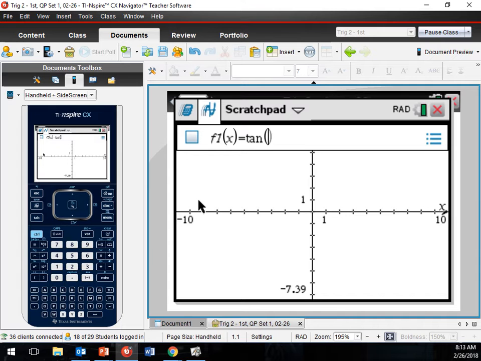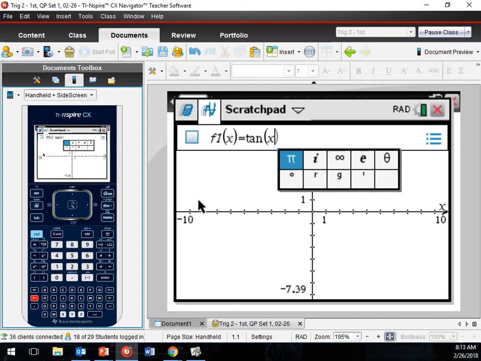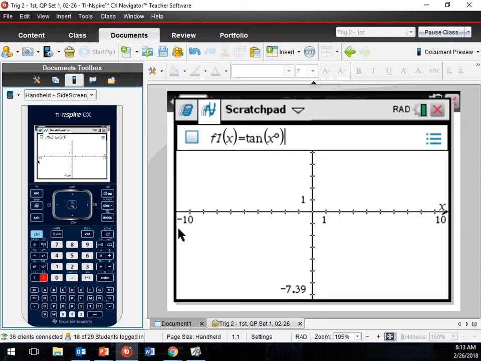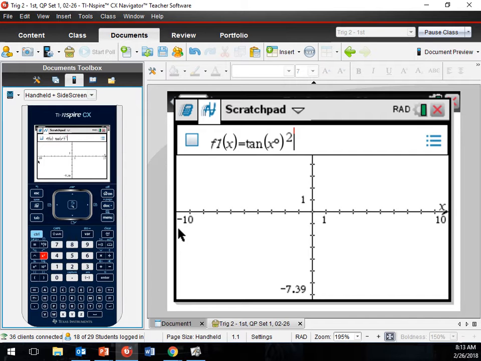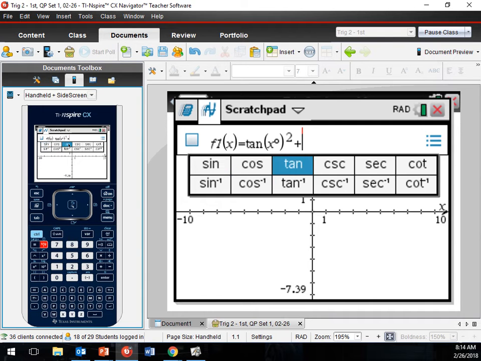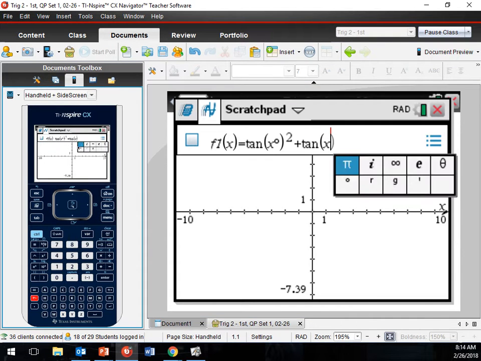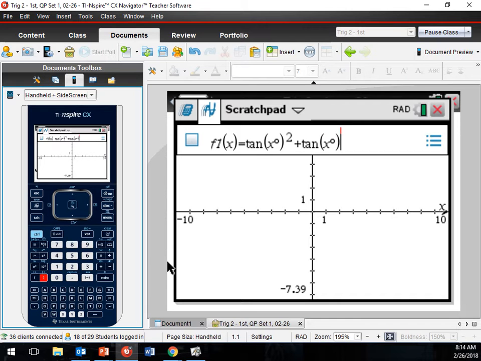Tangent of x, force the degree, close, and this is where you put your square. Plus tan of x, again force those degrees, and then close parenthesis minus 2.